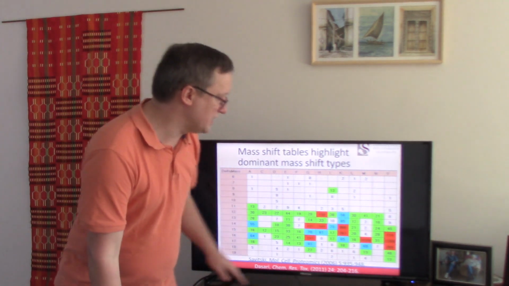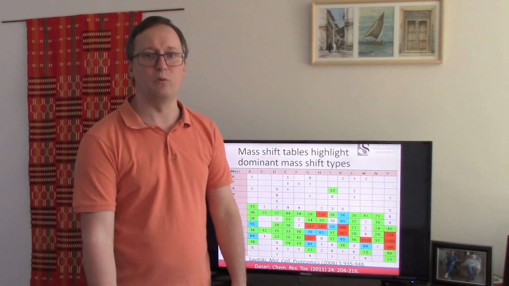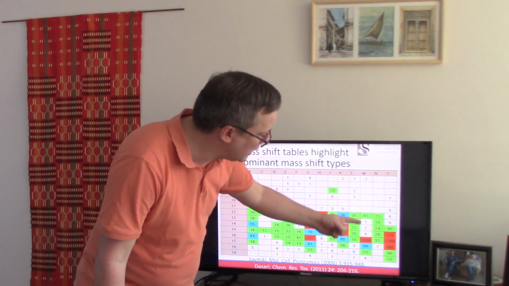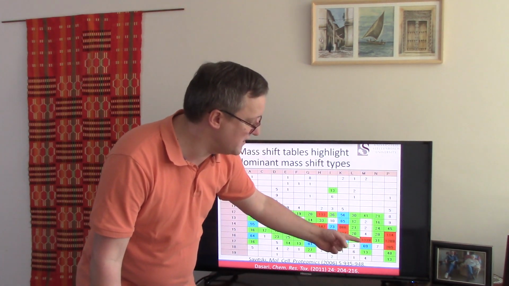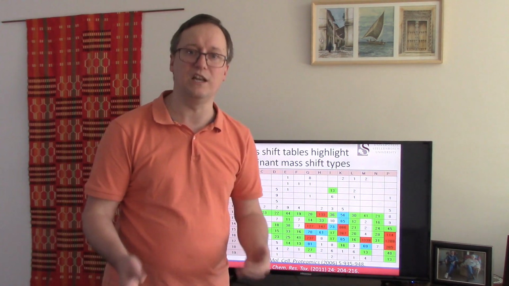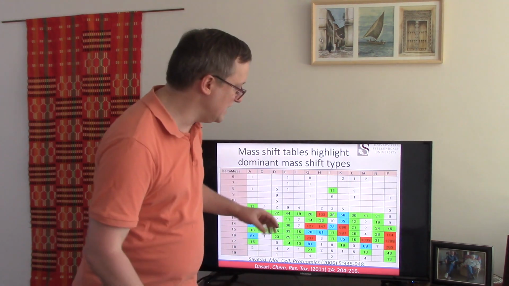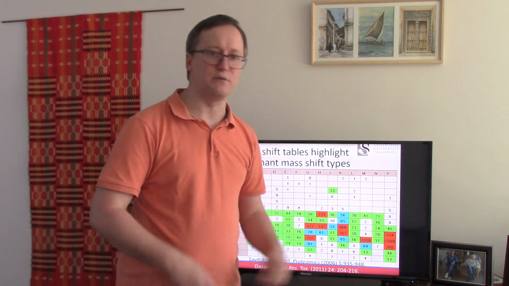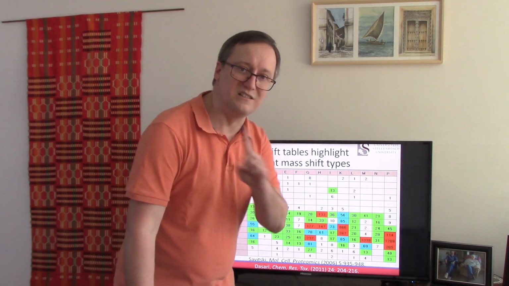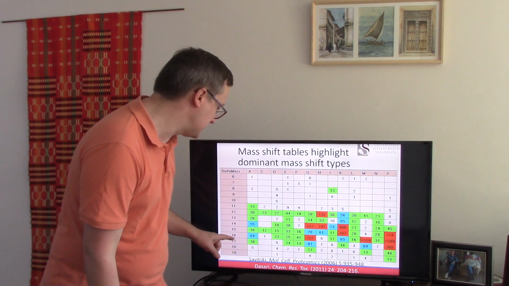So in interpreting this, you might say, well, let's start with something we know well, methionine oxidation. If we look down the methionine column, we see that the largest number is in this row. If we follow it to the left, we see that it represents 16 mass units. So we can see that the software sees a huge preponderance of tandem mass spectra in which 16 is gained there.